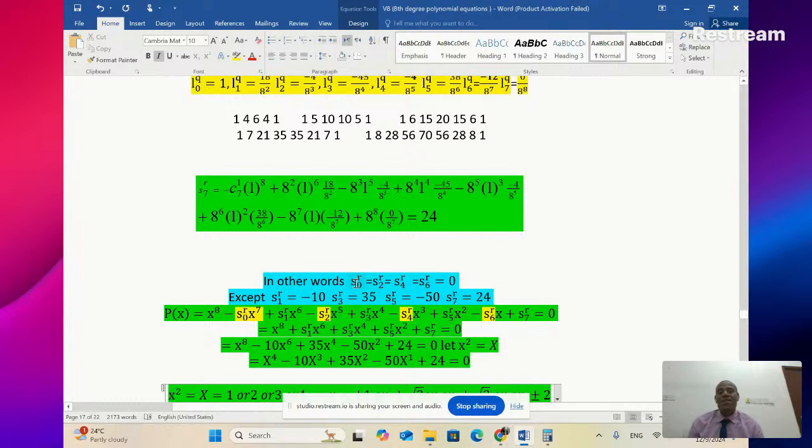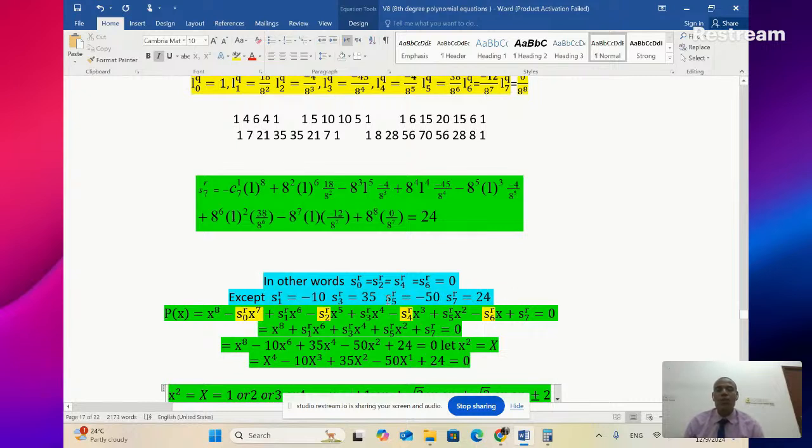Means S with even subscripts is going to be equal to 0, and S with odd subscripts has to be different from 0. Therefore, we can note that S1 is negative 10, S3 is 35, S5 is negative 50, and S7 is 24.